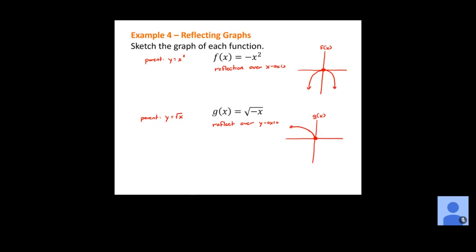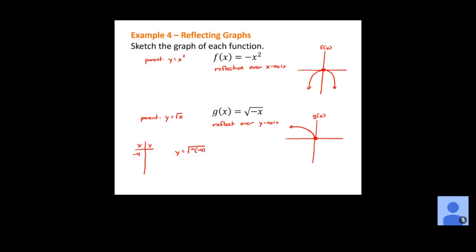So we have to keep in mind in this case, right? The reason it does this is because now my x values for this graph are all negative values, right? And so let's say I take a negative x value here, like -4. If I substitute it in the function, it's going to be y equals the square root of -4.